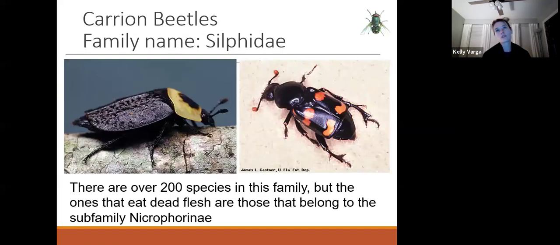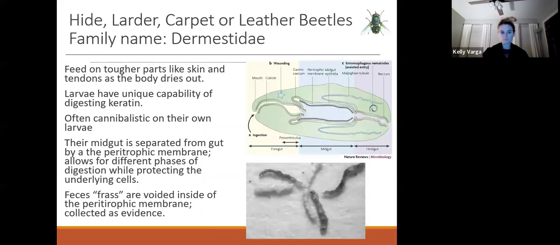Okay, so our first classification, our carrion beetles, are the two major ones we're going to look at. There are over 200 different species, but we are really going to just focus on the two, Necrophilidae, which the name implies, and Cephalopheidae.